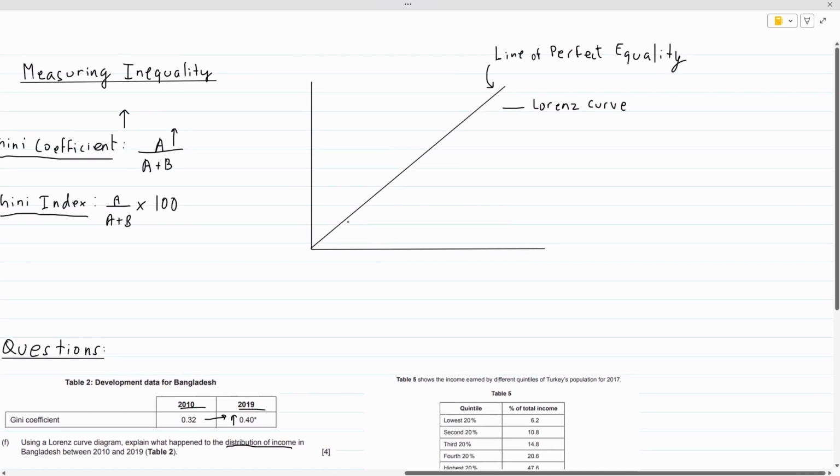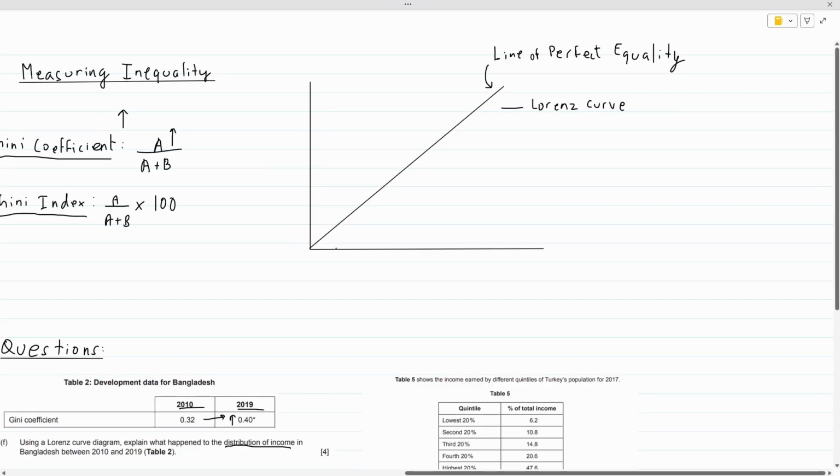So the Lorenz curve is basically used to display the quintiles of the population and the percentage of income that they hold. So we can make this simpler by exploring a hypothetical example.